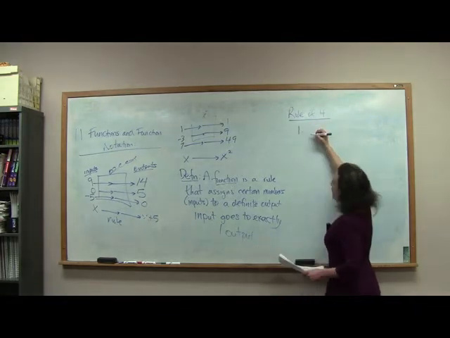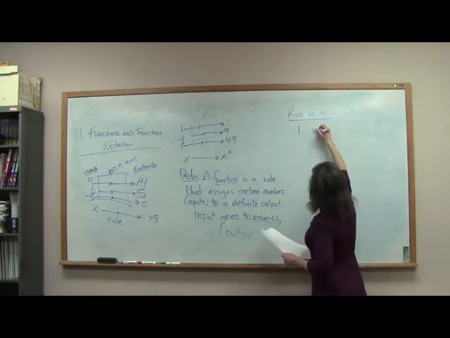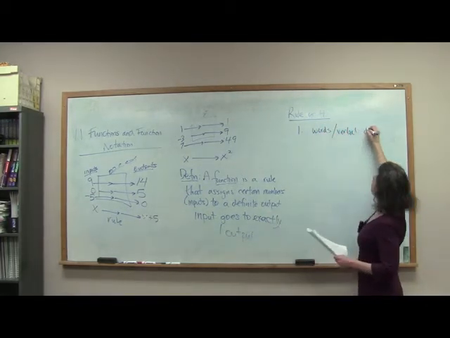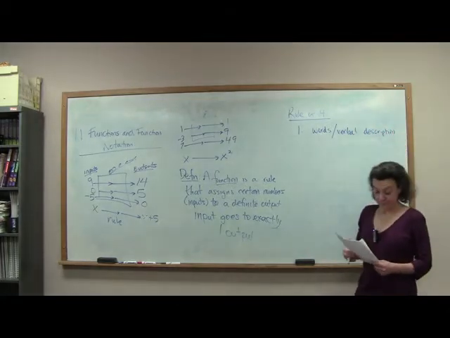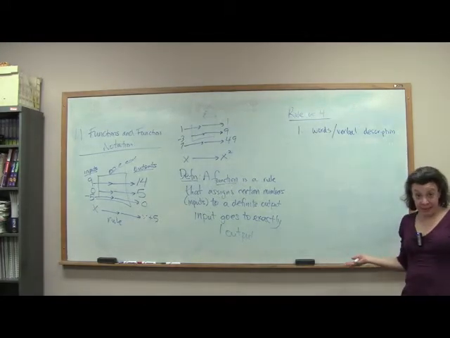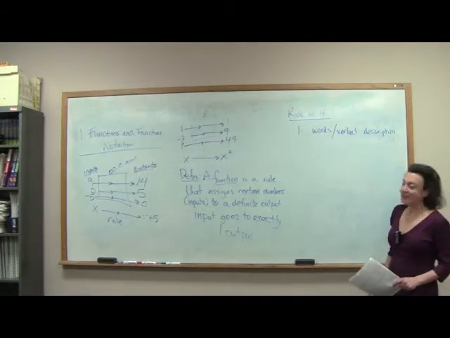And the first way that functions can be represented is either in words or, in other words, some sort of verbal description. Okay? So, I actually stated a couple of examples, but I'm going to state them again.